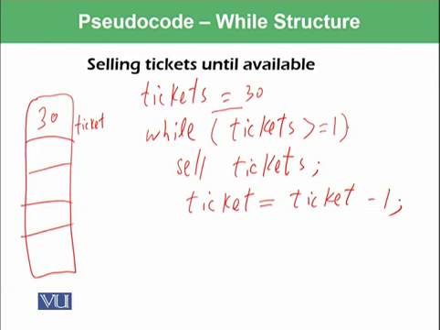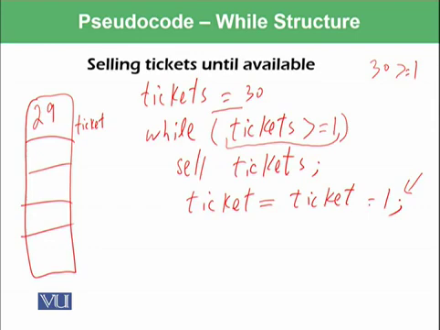When it enters the while structure, it checks the condition: ticket is greater than or equal to 1. 30 is greater than or equal to 1, so the condition is true. So sell ticket, and then ticket is assigned ticket minus 1. After execution of this statement, 30 will become 29.